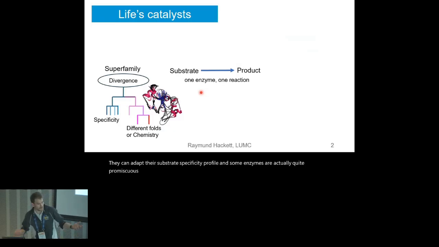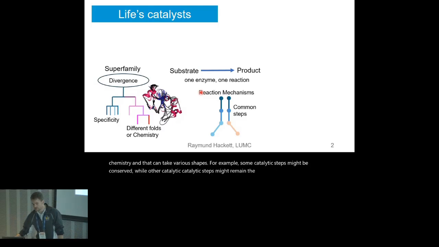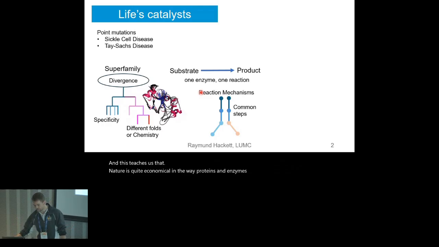And as enzymes diverge, sometimes they even change their fold, change their chemistry, and that can take various shapes. For example, some catalytic steps might change, while other catalytic steps might remain the same.